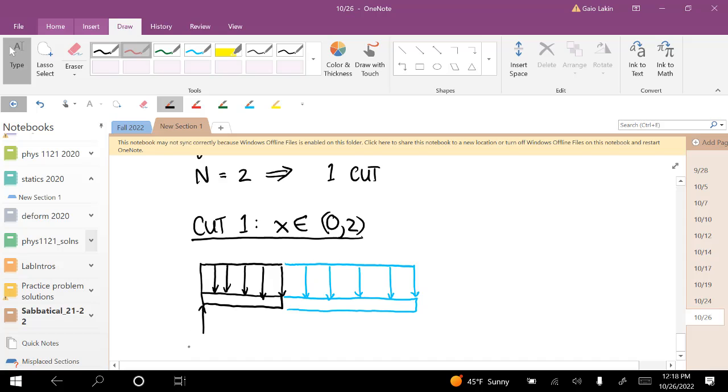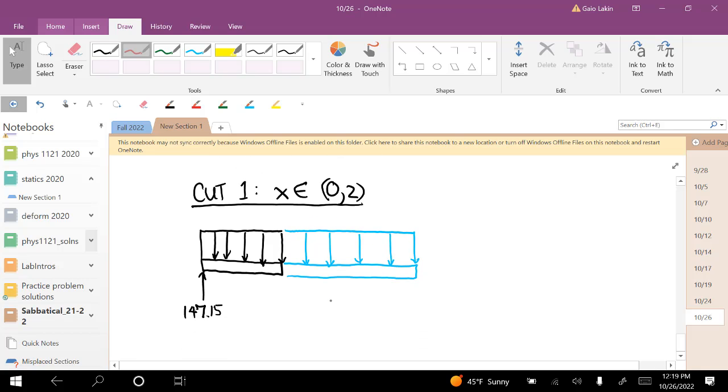Okay, so we have an upward force of 147.15. We have this part of the distributed load, but not all the rest of this stuff. We have our internal loads.